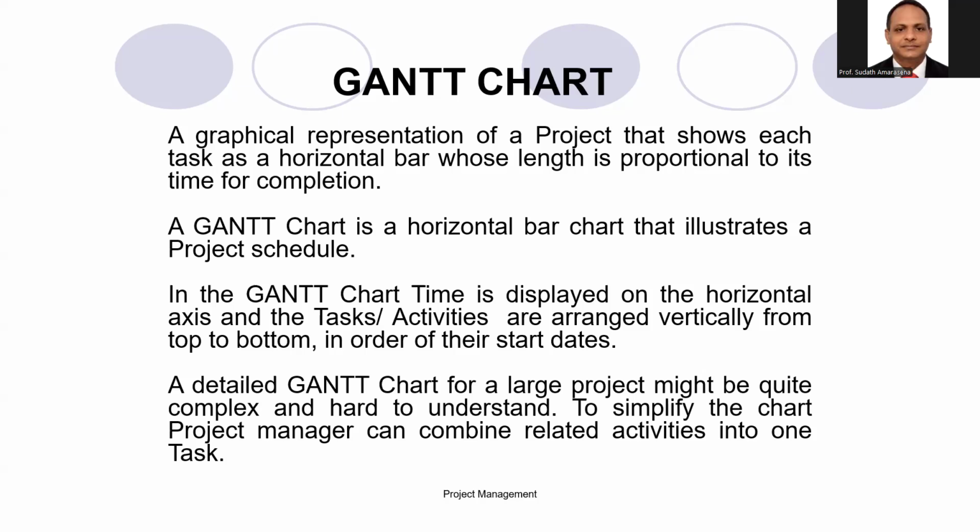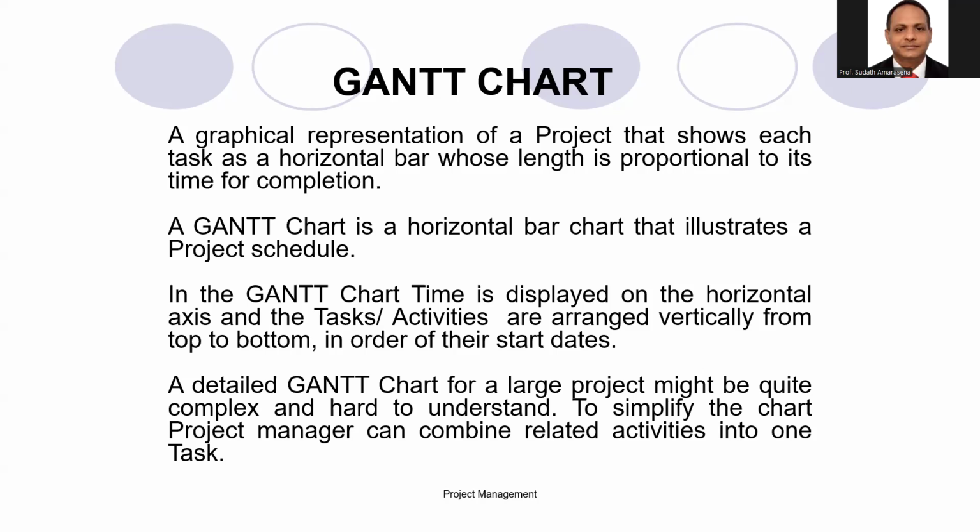The Gantt chart is a horizontal bar chart that illustrates a project schedule. This means we can consider when we are going to start particular tasks and when we are going to finish them. What tasks can we start simultaneously, in parallel? Everything we can see.